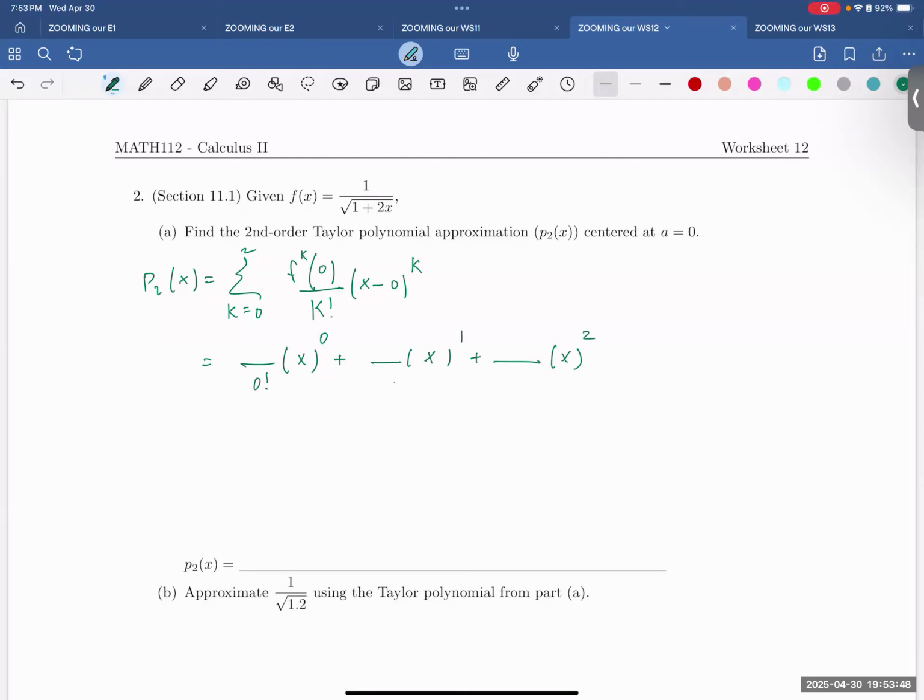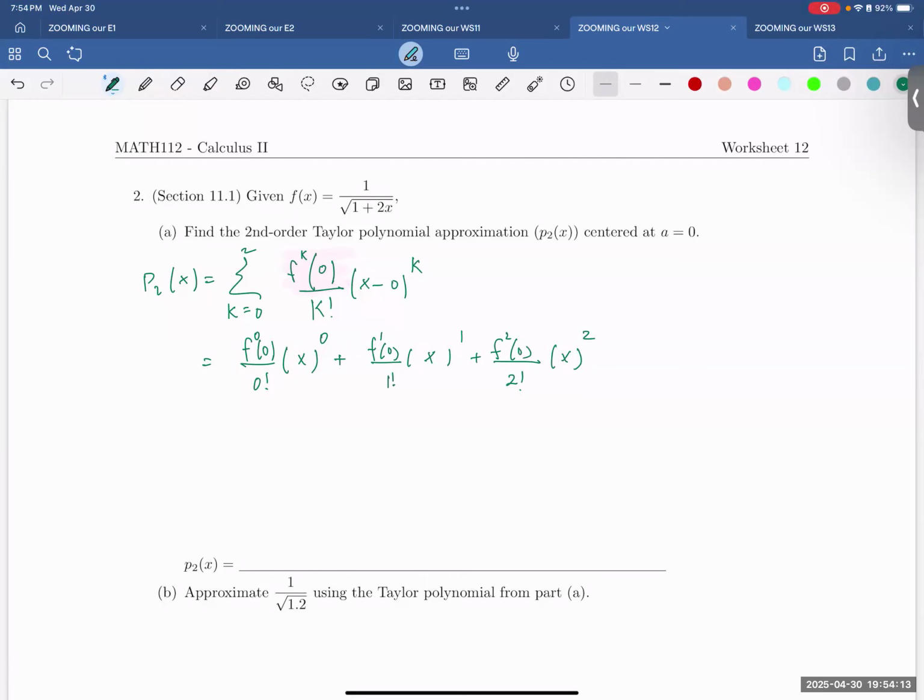Denominators: 0 factorial, 1 factorial, 2 factorial. The numerators are all the kth derivative evaluated at 0. So we need to find these derivatives. Here we go. So kth derivative: 0th derivative at 0, first derivative at 0, second derivative at 0.